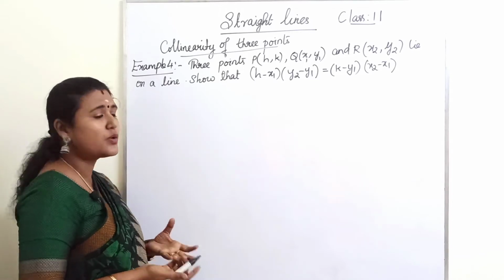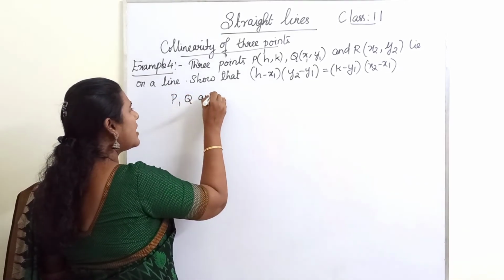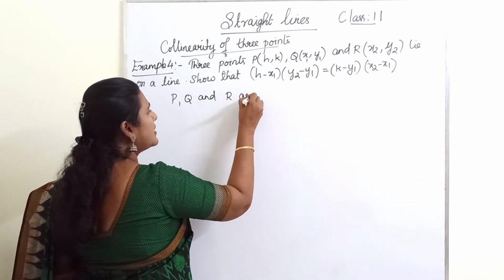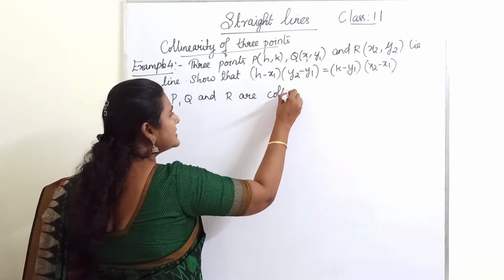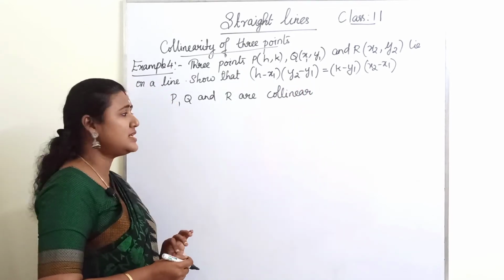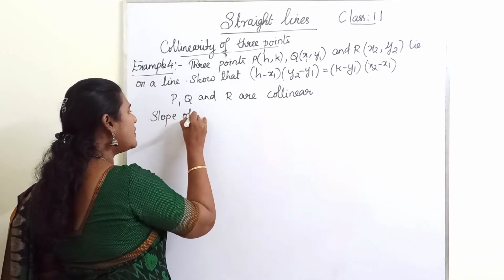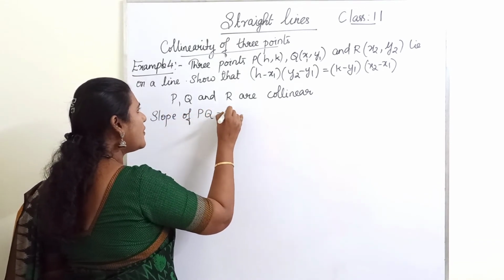So we have already seen the condition for collinearity of 3 points. What is the condition? Slope of PQ is equal to slope of QR.